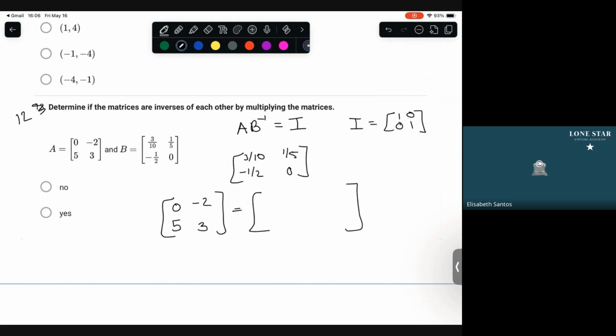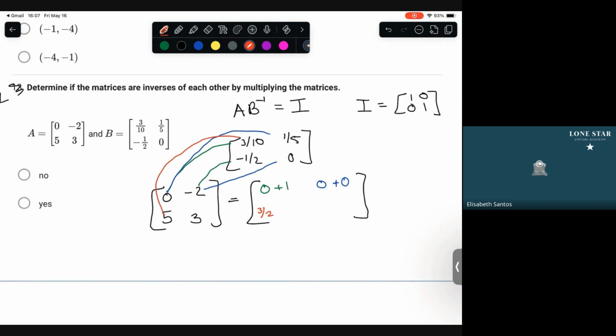So same process. So 0 times negative 3/10 is 0. Negative 2 times negative 1/2 is 1. And let's go to 0 times 1/5, which is 0. Negative 2 times 0 is 0. And let's go to the last one. 5 times 3/5 is 3/2.